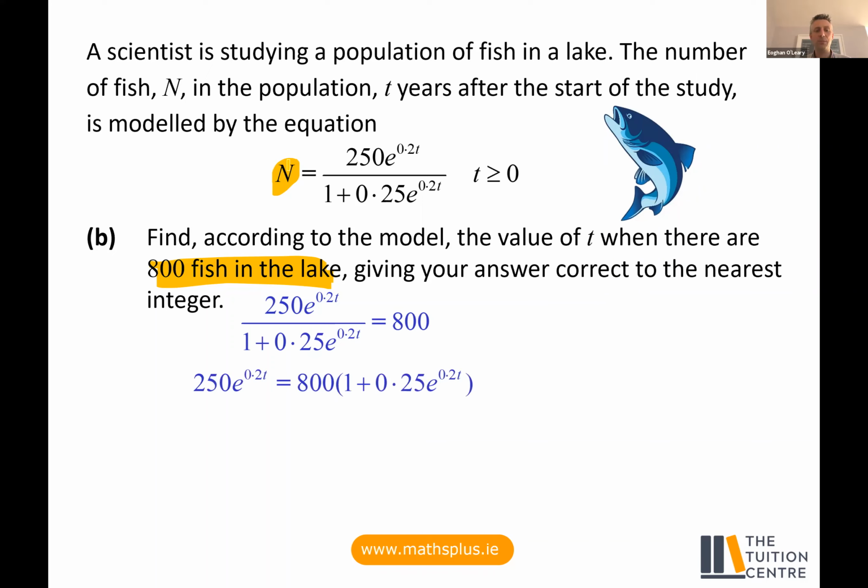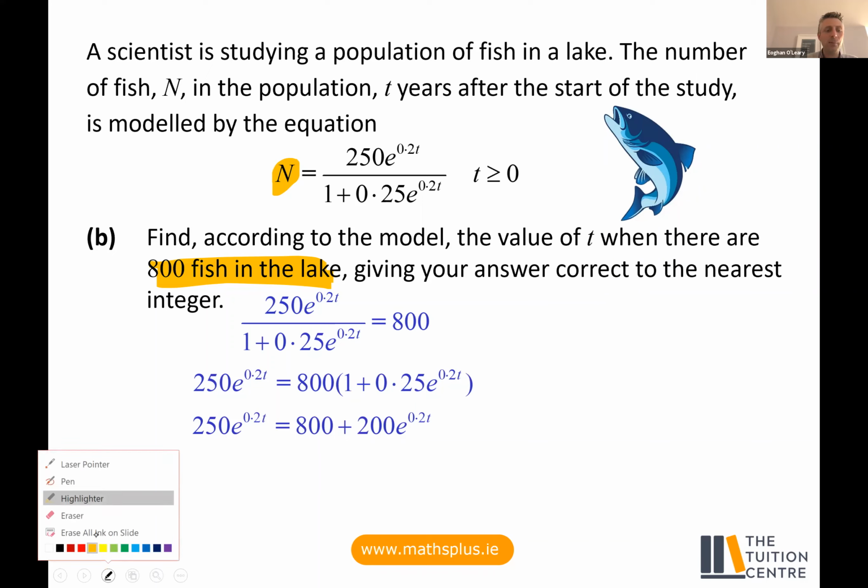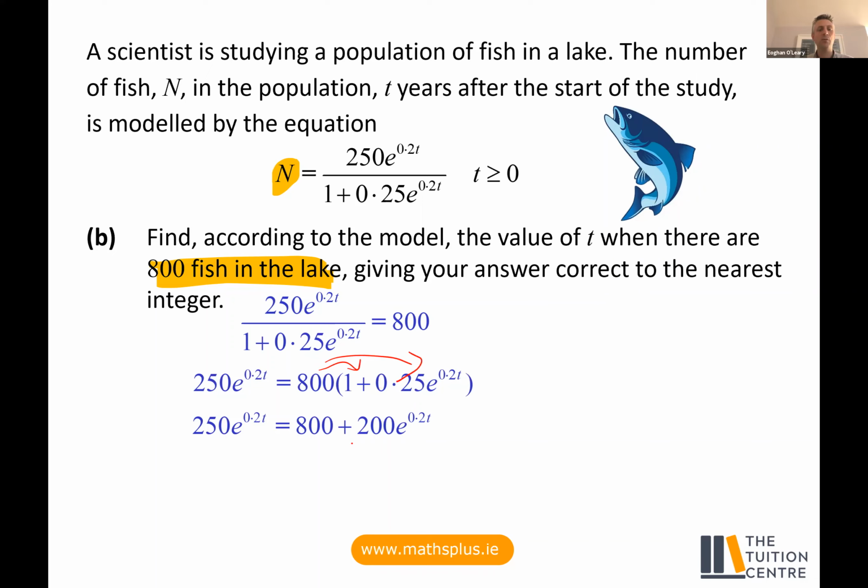I multiply across by the 1 plus 0.25 times e to the power 0.2t. What happens next? I multiply the 800 through the bracket. And by doing so, I end up with 800 plus 200 times e to the power 0.2t.